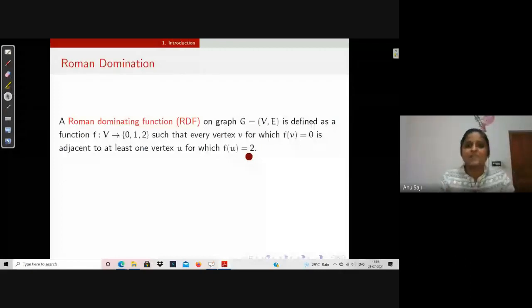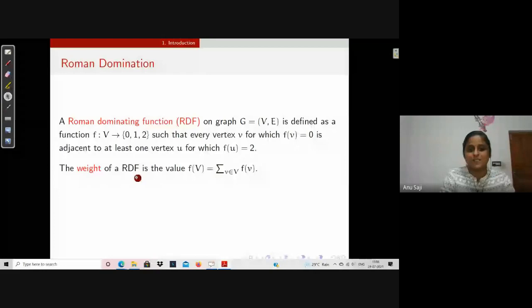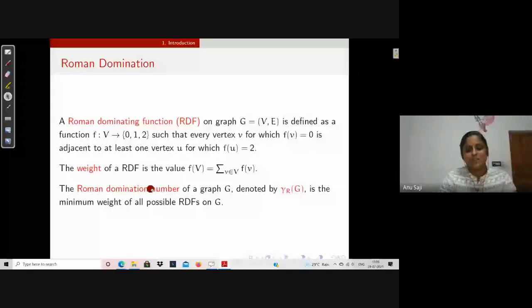But we are interested in minimizing the value. The total value, the sum of the values of the vertices, is known as the weight of an RDF. Hence, we are interested in the minimum weight, which is known as the Roman domination number, denoted by gamma_R(G).